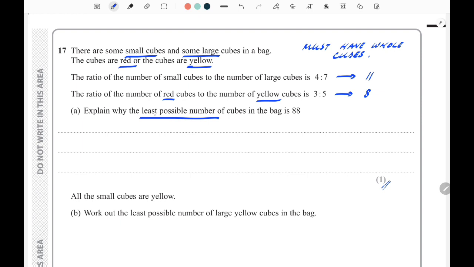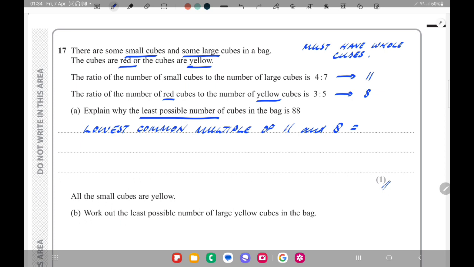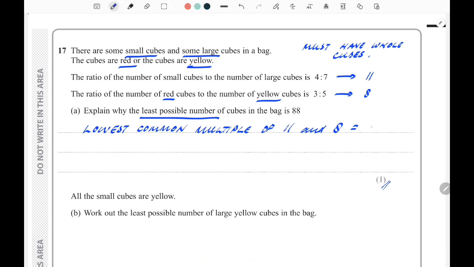Explain why. So just put lowest common multiple of 11 and 8 equals 88. That's all you need. I don't think you need to explain that any further.